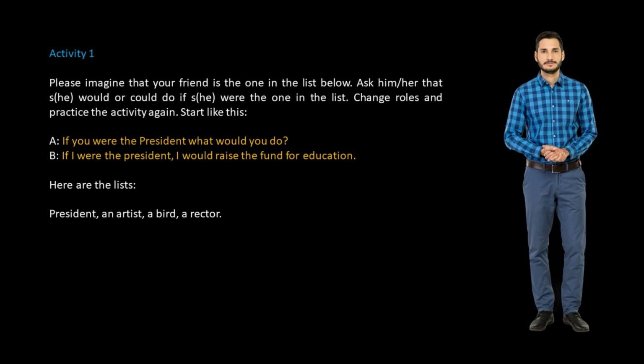A. If you were the president, what would you do? B. If I were the president, I would raise the fund for education. Here are the lists. President, an artist, a bird, a rector. Please do the activity. You can pause your video while completing the activity.